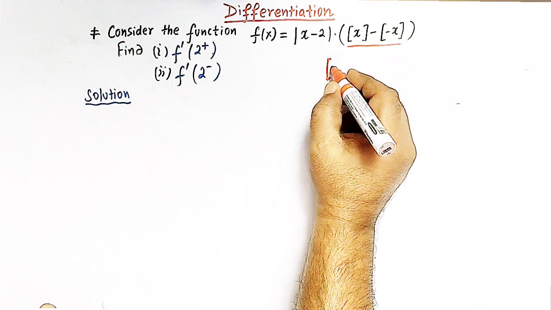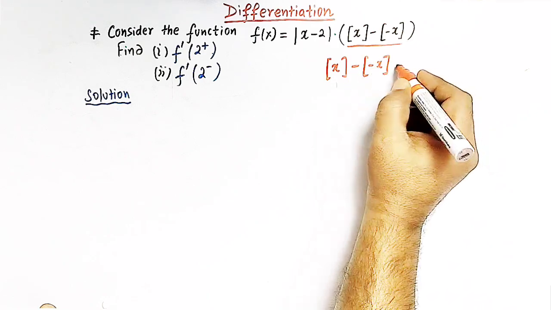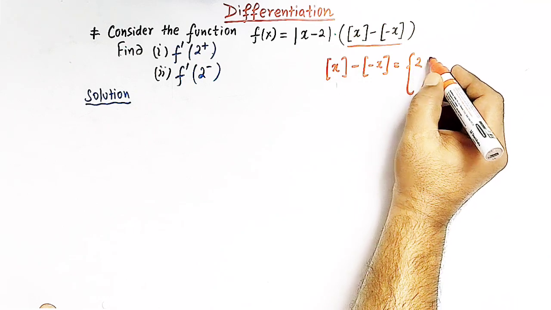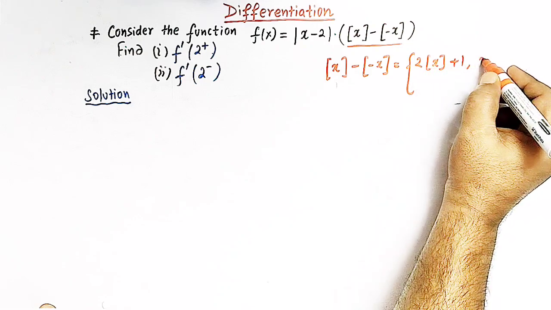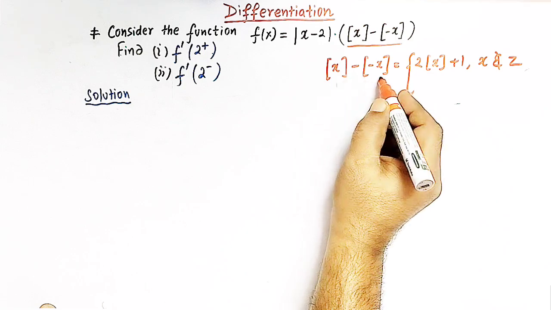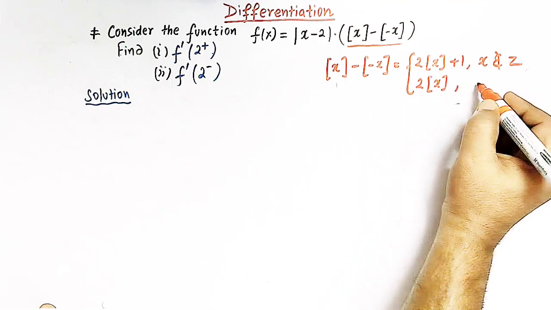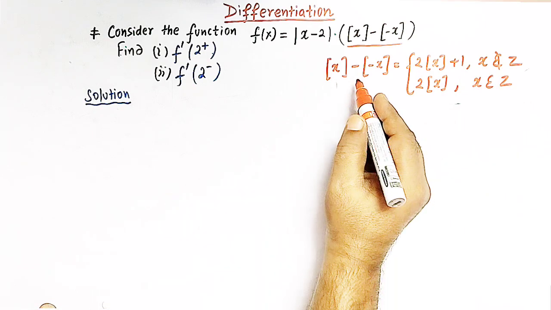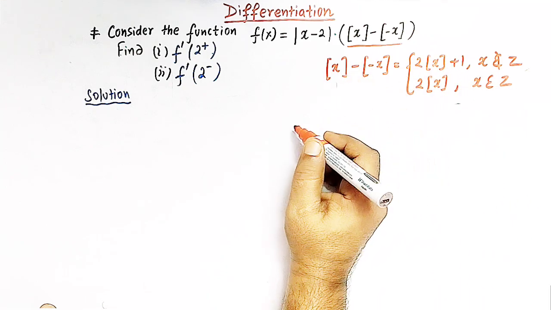So here if we have greatest integer of x minus greatest integer of minus x, then this expression is equal to 2 times the greatest integer of x plus 1 whenever x does not belong to the set of integers, and this expression is equal to simply 2 times the greatest integer of x when x belongs to the set of integers, right? So we can also verify this property by taking a particular value.